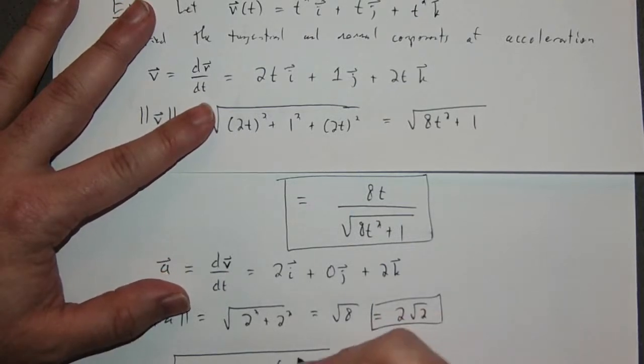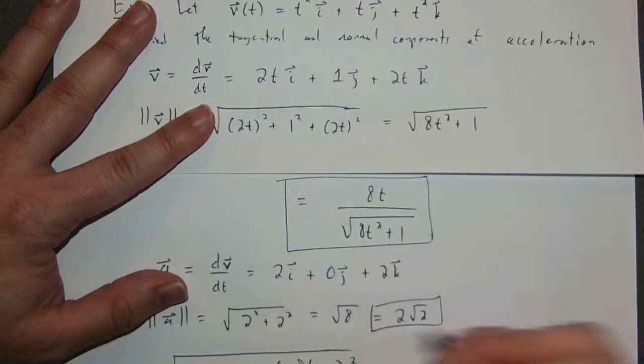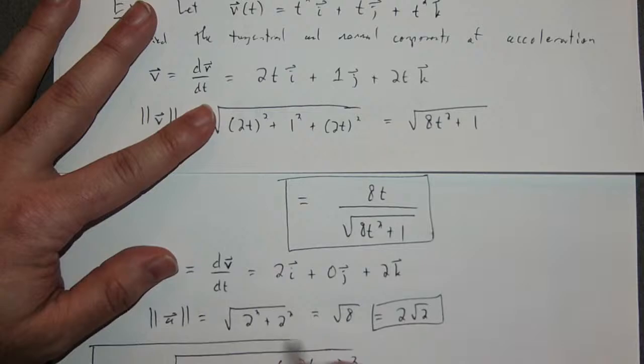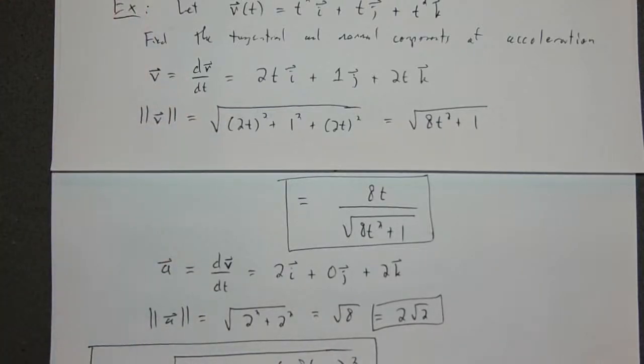So this is (8t over root 8t squared plus 1) squared. So that's it. Okay, and this could be simplified slightly, but it's okay if you leave it like this.